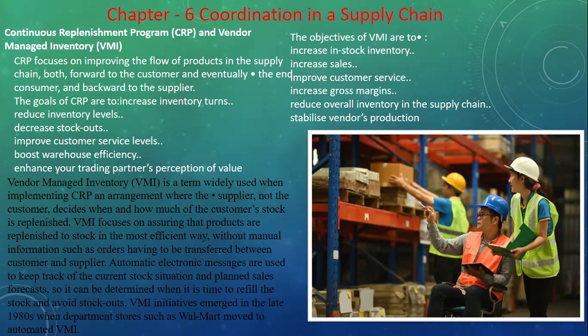Now we understand Vendor Managed Inventory, VMI. These are terms widely used when implementing CRP: an arrangement where the supplier and the customer decide when and how much of the customer's stock is replenished. Just like in CRP, we need to replenish the inventory.